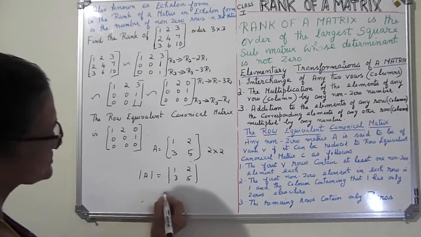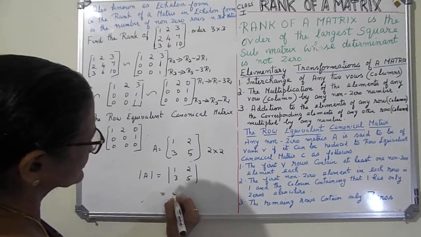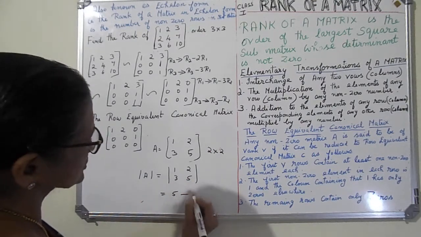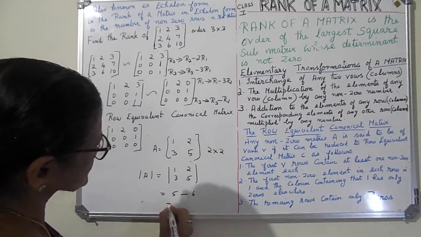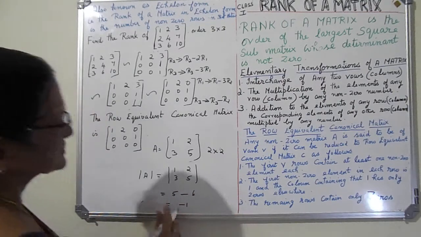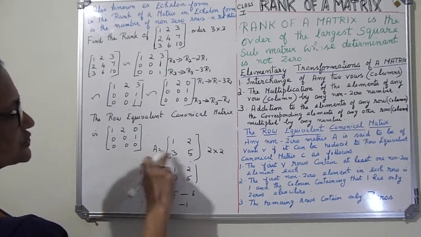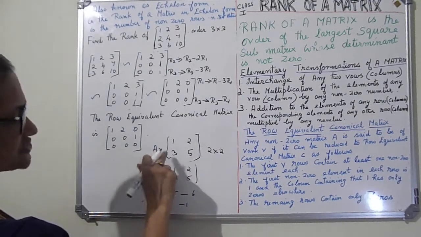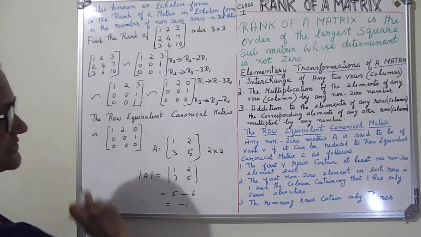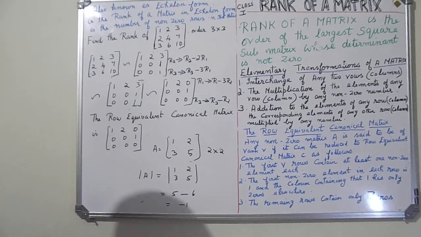What's the value of this determinant? 1 into 5, that is 5, minus 3 into 2, that is 6, that is equal to negative 1. This is the value of the determinant of the 2 by 2 square matrix A.